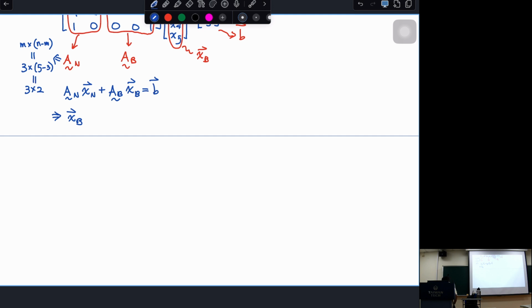Okay, let's do it in this way. So plus AB inverse AN times xN equals to AB inverse small b. Okay, let's study in this way.